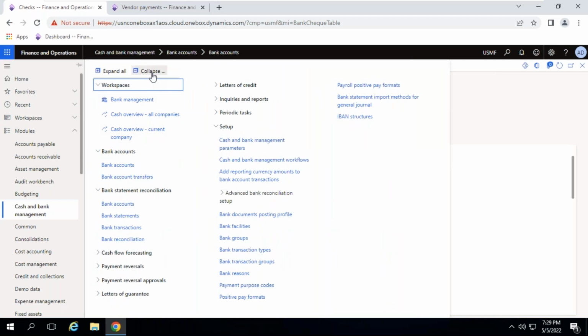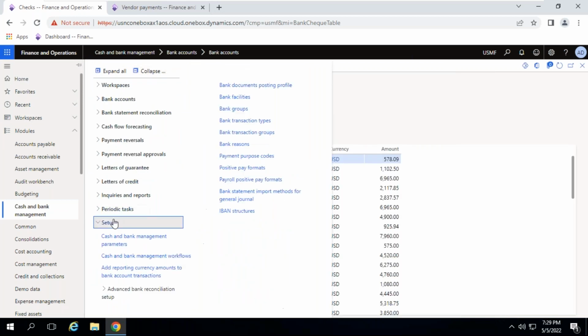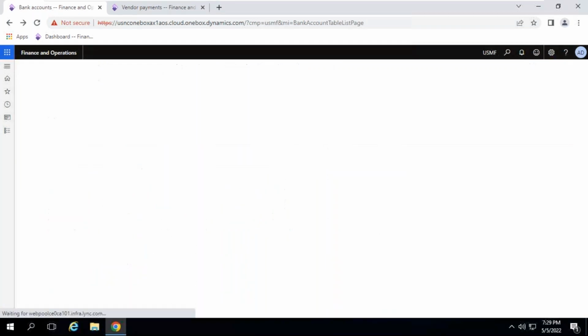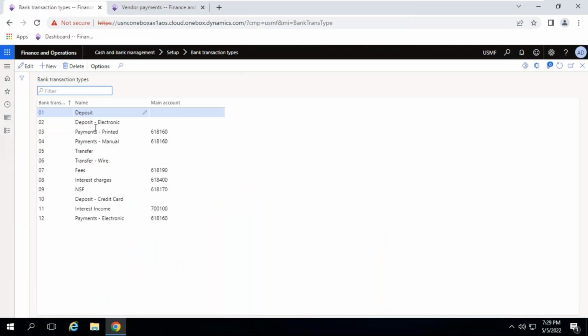Under setup, bank transaction types, you can create them as per your comfort for filtering purposes. We'll discuss the purpose in future sessions.